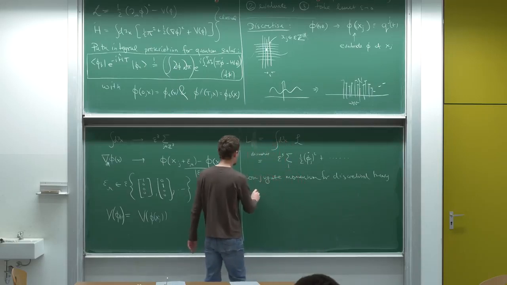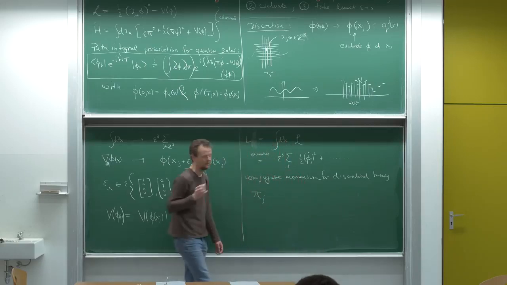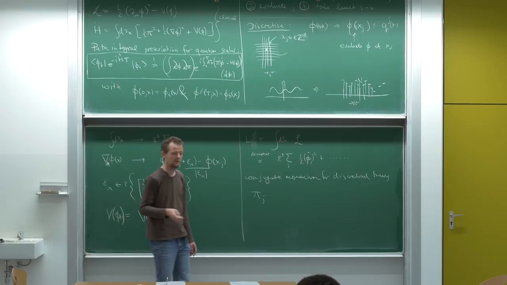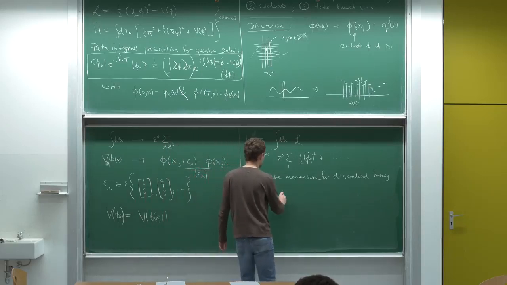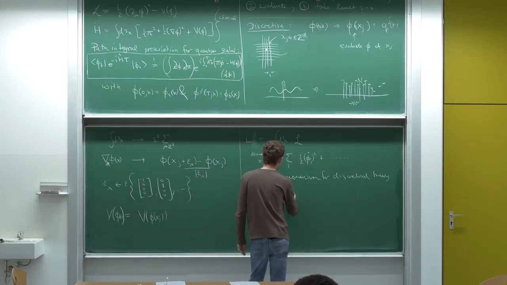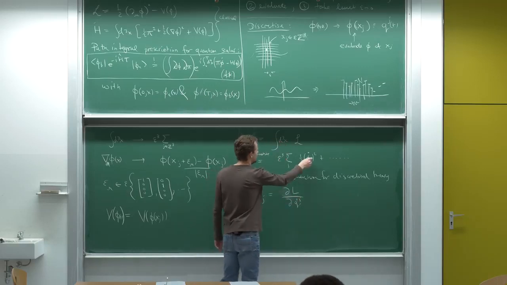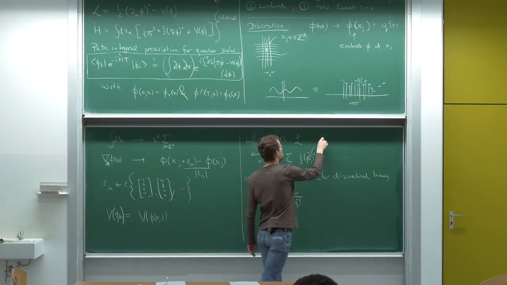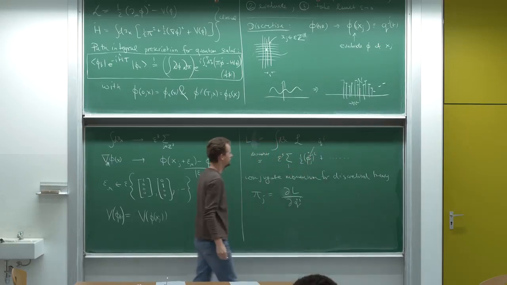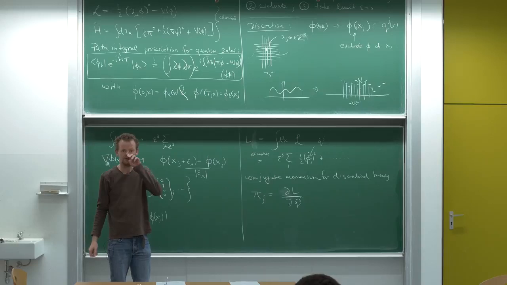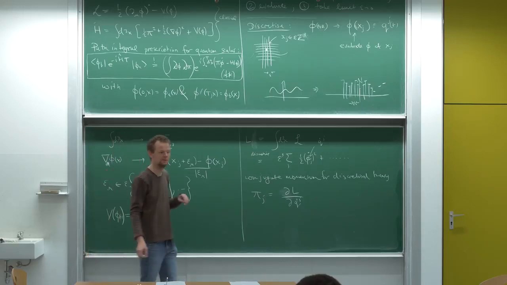So the conjugate momentum for discrete position j, well, we know how to work out conjugate momenta, right? You take the derivative of the Lagrangian with respect to Qj dot. And this is none other than Qj dot. So this seems perfectly innocuous.